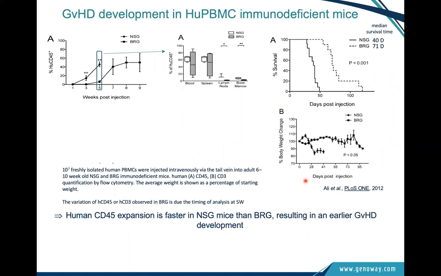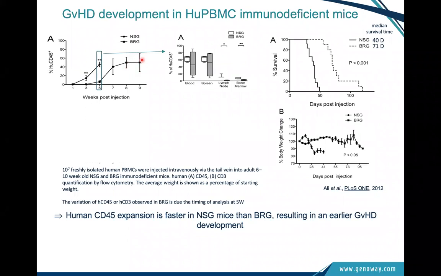This is a study where they compared the BRG to the NSG for reconstitution with PBMCs. And as you can see, human CD45 cell expansion is faster in NSG mice than BRG. But then the reconstitution takes longer in the BRG when compared to the NSG because there is less GVHD in those mice.